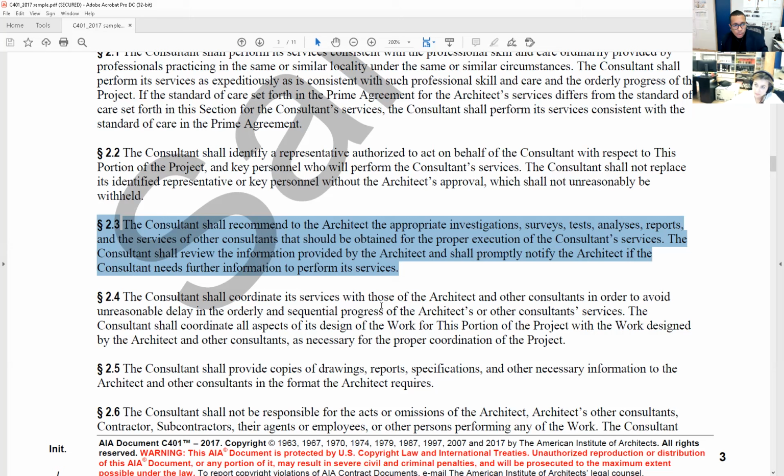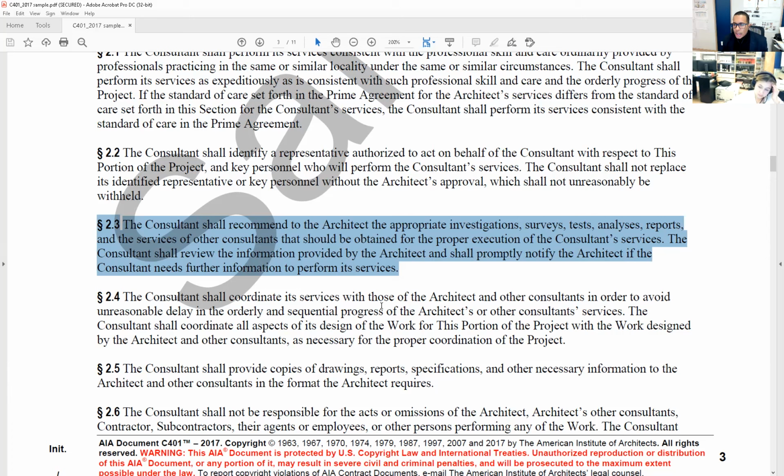So he may say right here, I would like some boring tests to be done on the site by a geotechnical engineer that will give me reports of the soil conditions so that I know what type of foundation I would recommend and design this building with. Does it make sense?